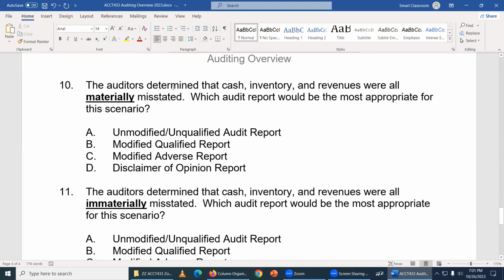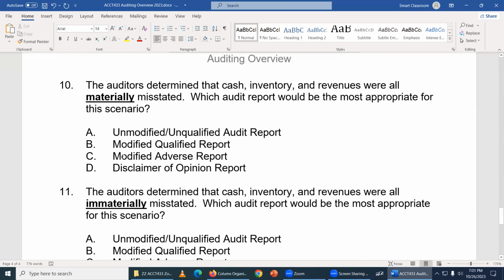The auditors determined that cash, inventory, and revenues were all materially misstated. Which audit report would be the most appropriate for this scenario? I think so.